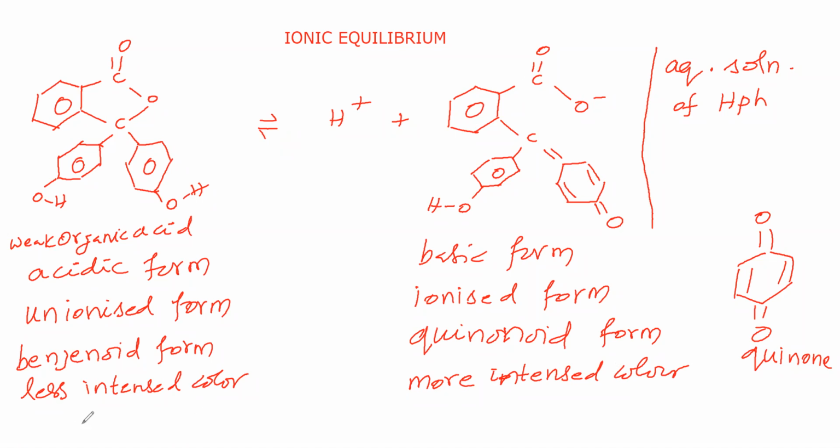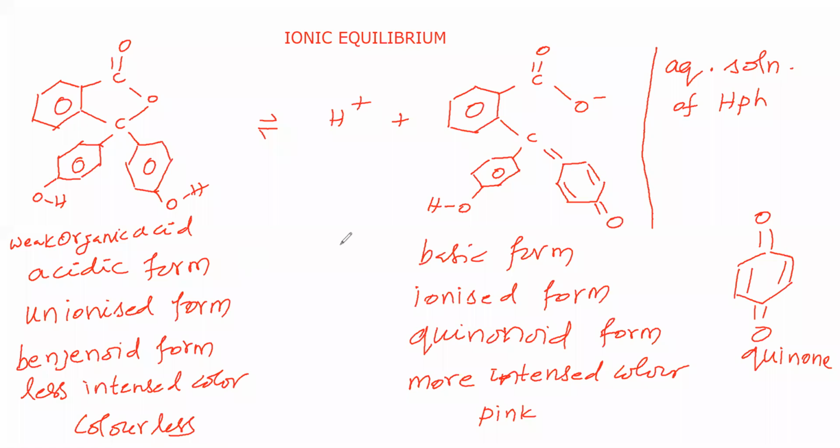This form is colorless, whereas this form is pink color. This ionized form will show pink color. This unionized form will show colorless.